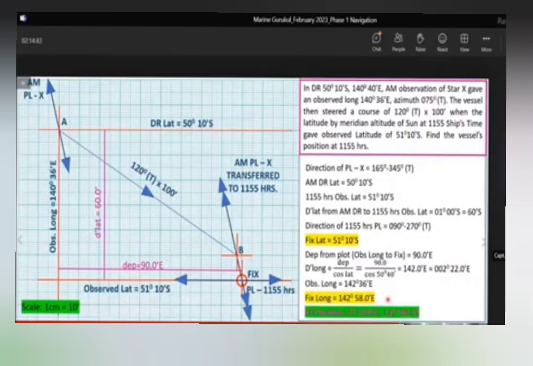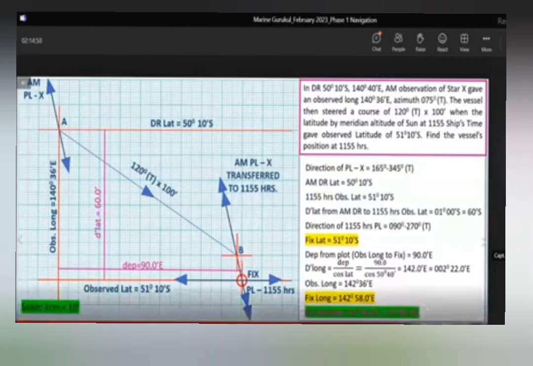And this way we have been able to get the position at 11:55 a.m. through this plotting of the two PLs which were staggered, and we just transferred the first PL to get our fix. So this is the calculation, beta. We have got the fix now. Up to here clear?